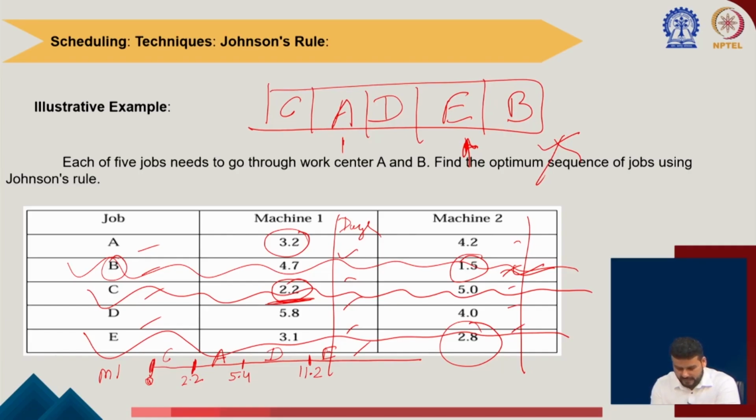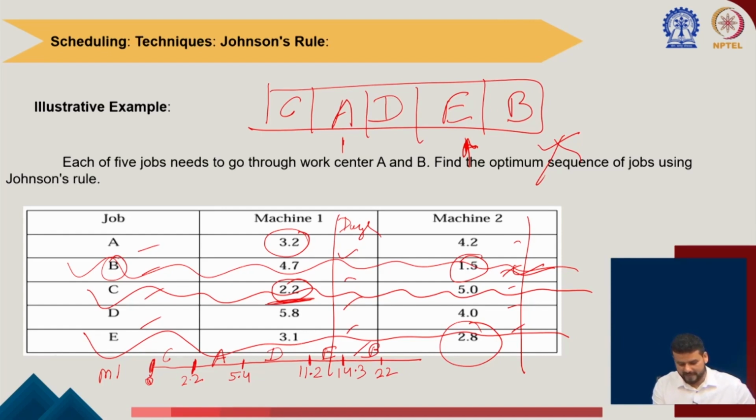If I add this 3.1, obviously 14.3. Next, the last job is B. How many days does it require on machine 1? 4.7. If I add that, the total will be 22 days. So all these 5 jobs will take 22 days on machine 1.